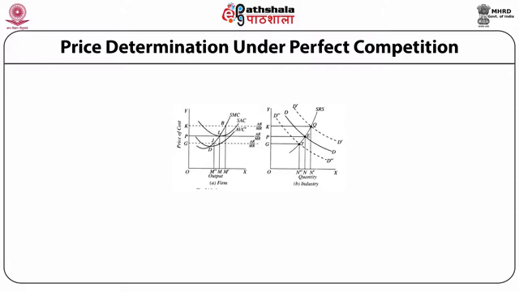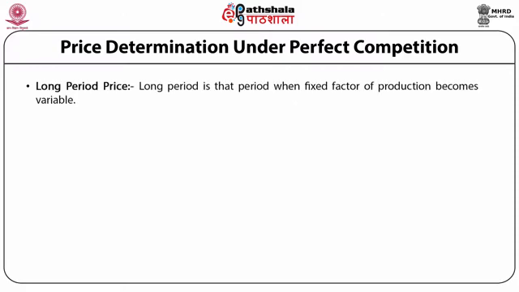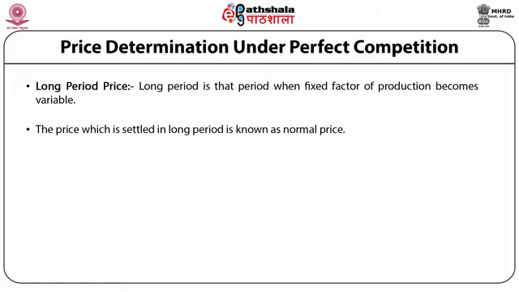or loss. Long period is that period where fixed factors of production become variable. So, in long run, all factors of production become variable. The price which is settled in long period is called normal price.